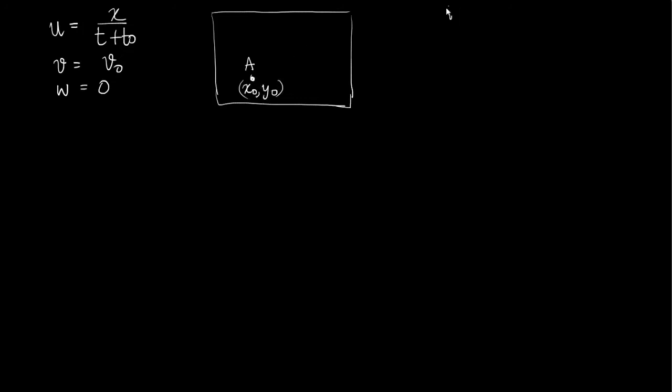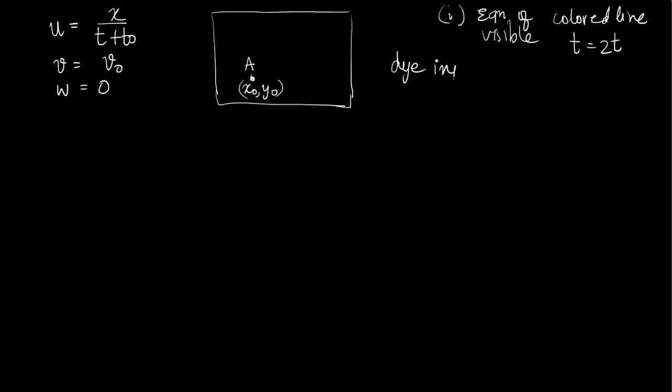So the question is, find the equation of the colored line visible in the flow at t equal to 2 t naught, given that the dye injection starts at t equal to t naught.